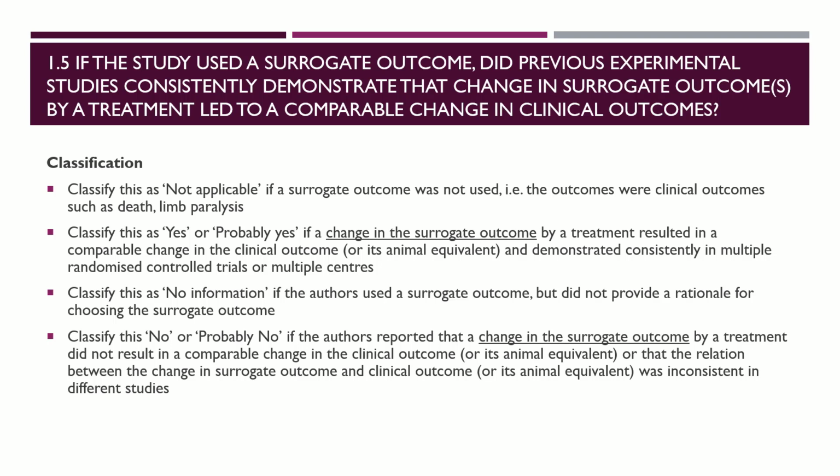So either condition. One is, in a single study, you show that a change in the surrogate outcome does not result in a comparable change in the clinical outcome. Or we might also classify this as no or probably no if different studies are showing inconsistent results.